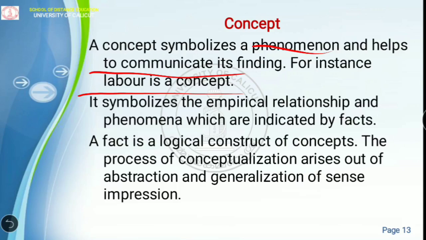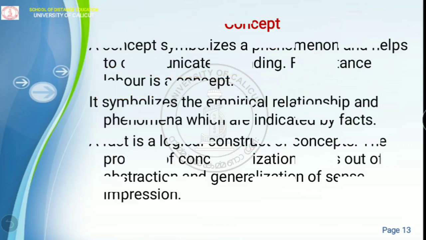So a fact is a logical construct or concept. The process of conceptualization arises out of abstraction and generalization of sense impression. So a concept is a phenomenon that helps to communicate its findings. Simply, labor or richness is a concept.